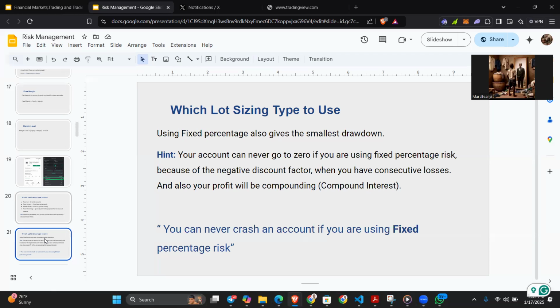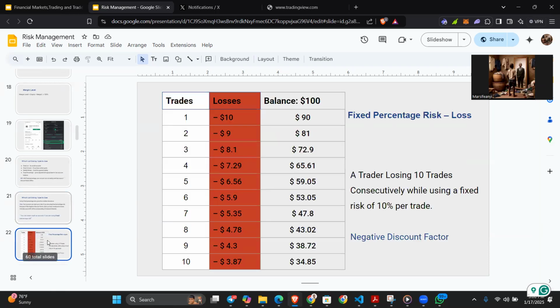And like I said earlier, if you are using fixed percentage, you can never crash an account, because it works on what we call compounding interest when you are in profit, and on a discount factor when you are in losses. I will explain this in the next slide.